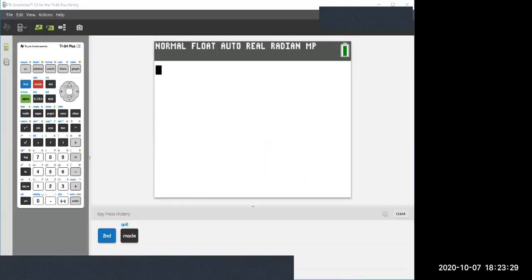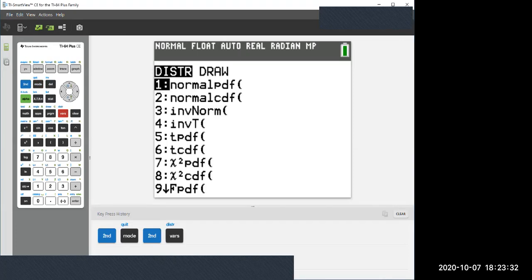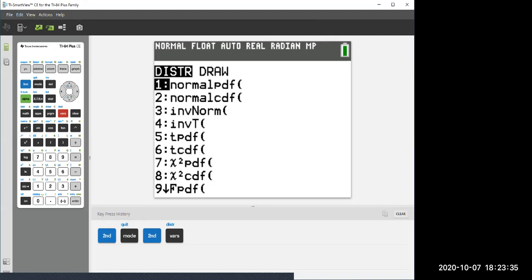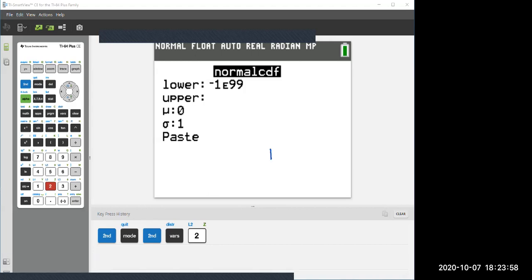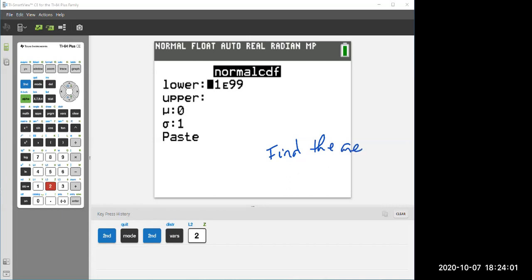Okay, so don't forget it's second vars, and then the second, or press 2, it's going to be your normal CDF. Like what I mentioned, there's a default mean and standard deviation of 0, 1. So you don't need to change that for now. All you have to do is change the lower and the upper. So again, just to recall, we need to find the area to the left of z equal to 1.26.